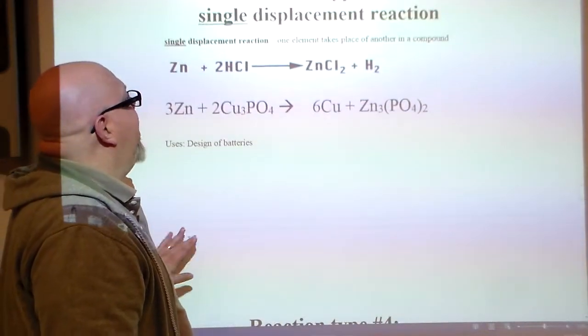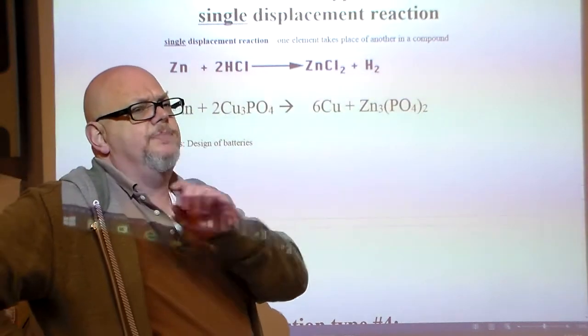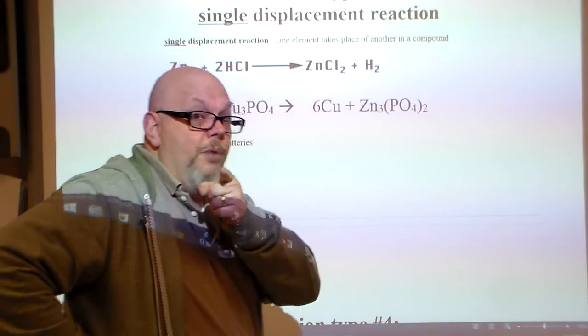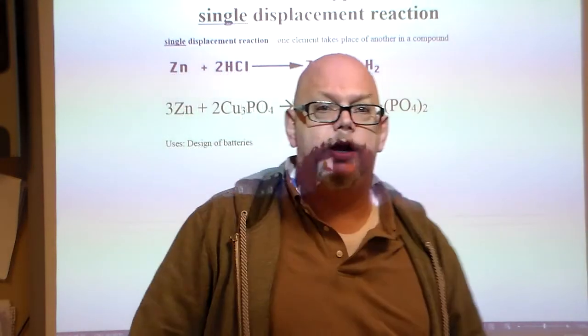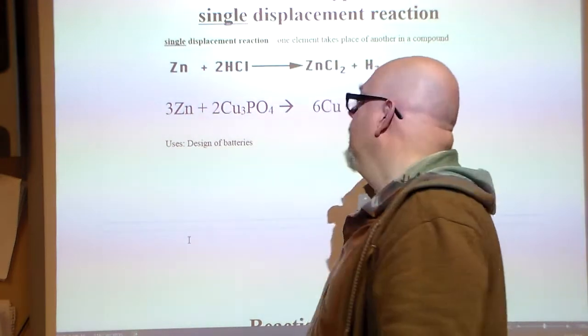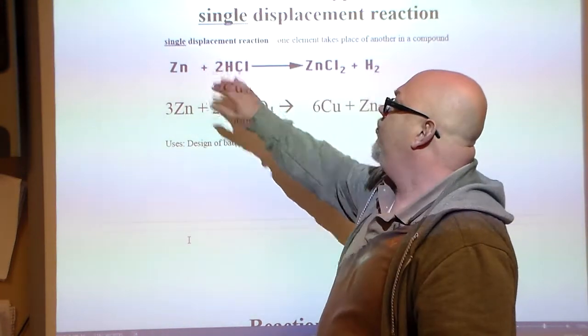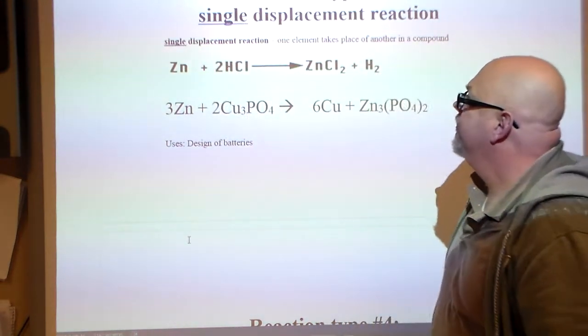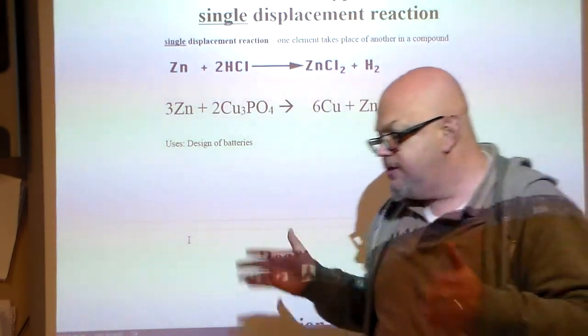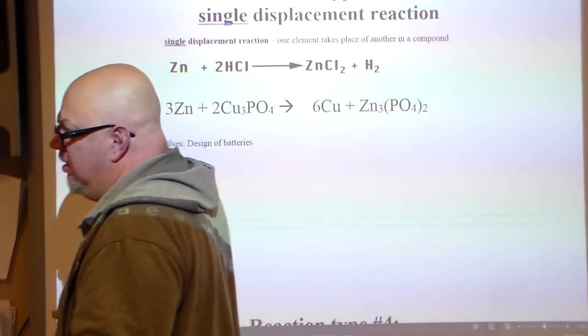Reaction types 3 and 4, single displacement and double displacement, are probably the ones that give people the hardest time, so this video is really for you. Let's look at the word displacement. What does displacement mean?